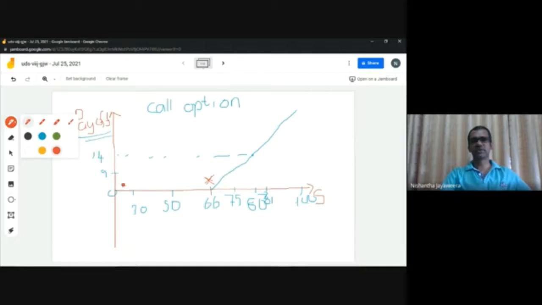Do you exercise your right? No. You buy from the market, right? Will you get any cash flow through this call option? No, you don't get anything. You can buy it from the market, that's a different story, but through this call option you don't get anything. So your cash flow is 0.